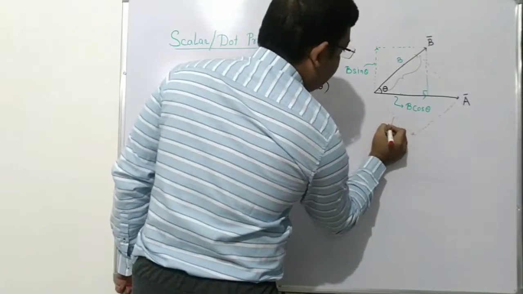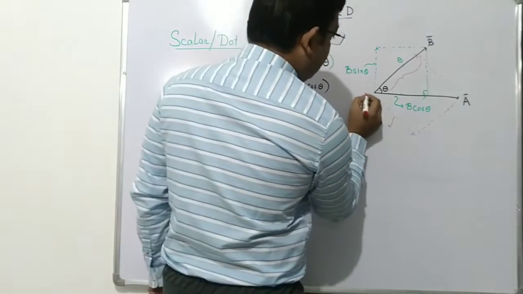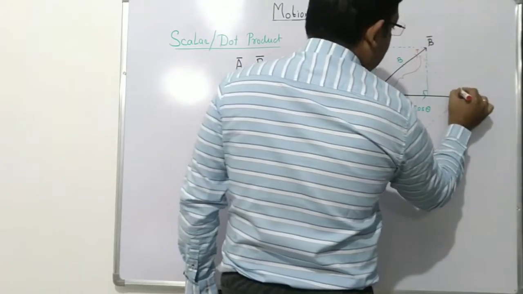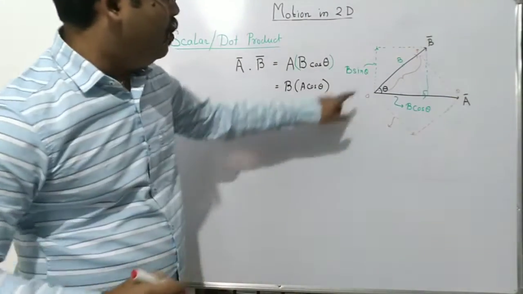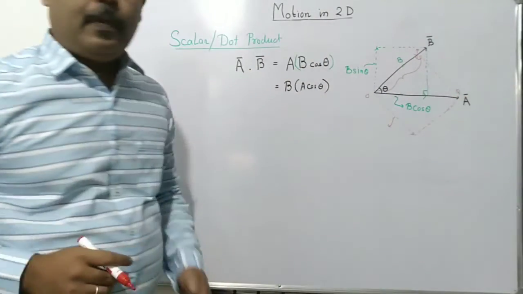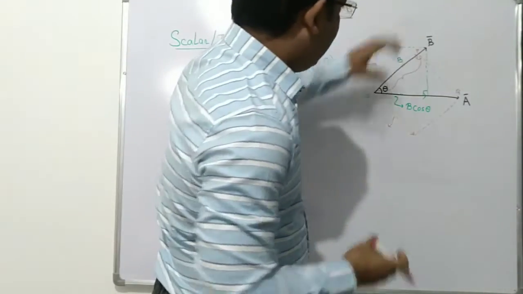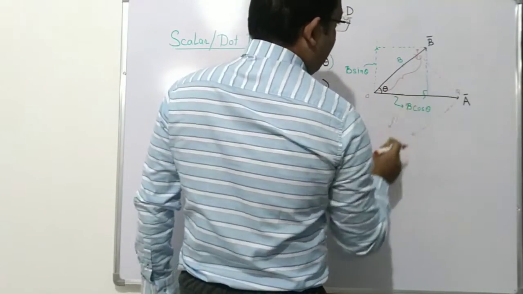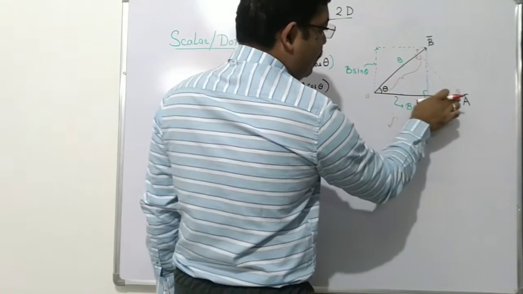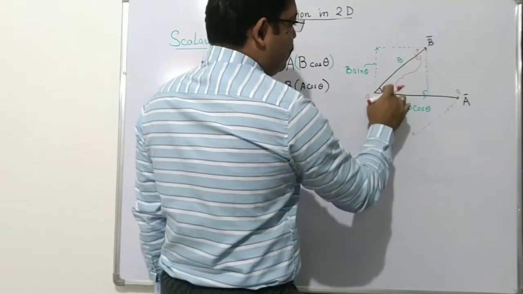Now, if you look at this triangle, let's call this O, this P, and this Q. Delta OPQ is a right angle triangle. This is the base, this is going to be the hypotenuse, this is the right angle, and this is the angle subtended by the base with the hypotenuse.